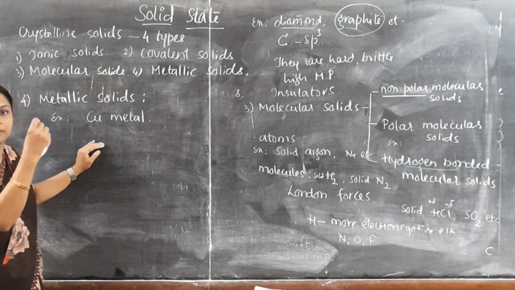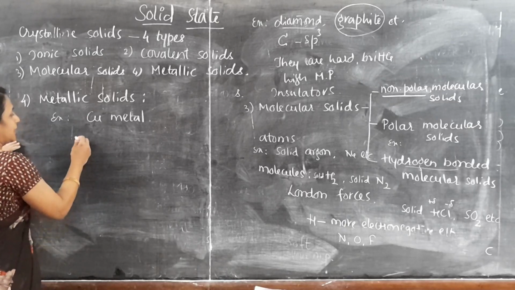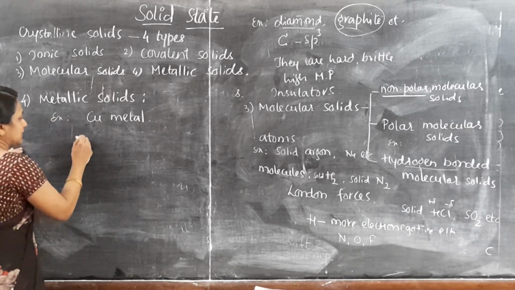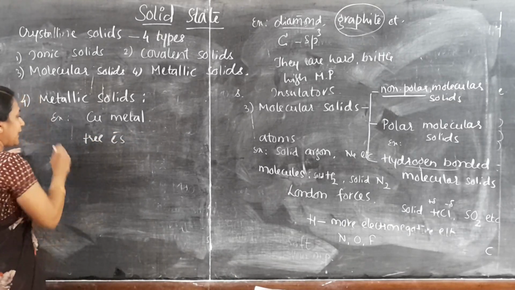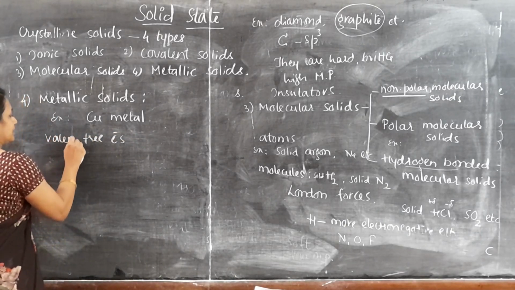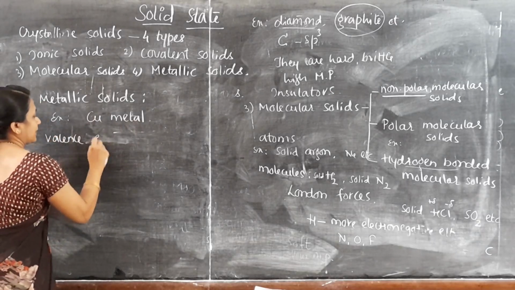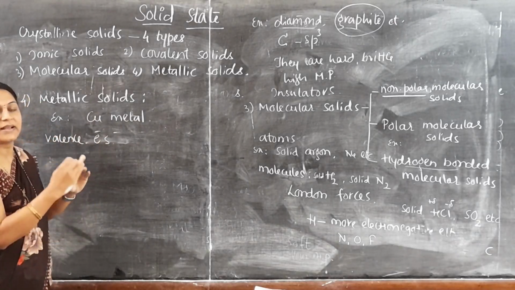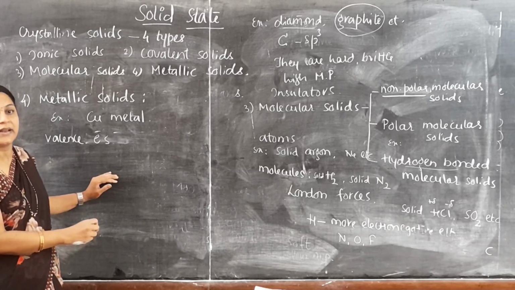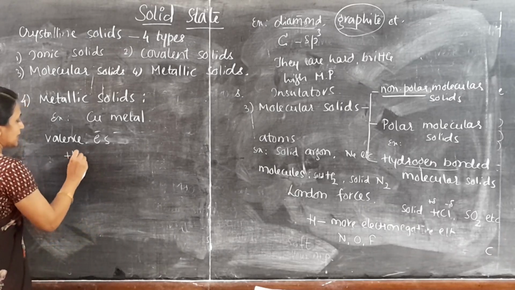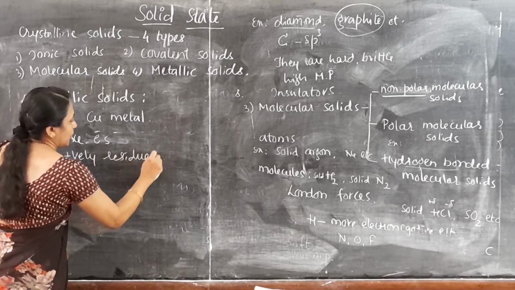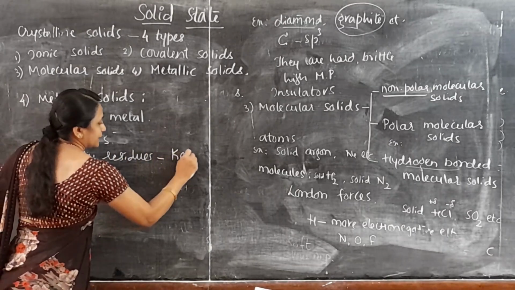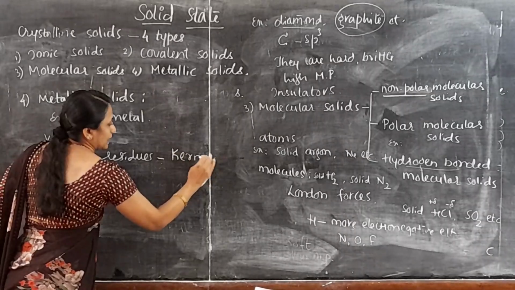In a metal atom, there are two constituents: one is free or valence electrons, and the other is the positively charged residues, which are known as kernels.